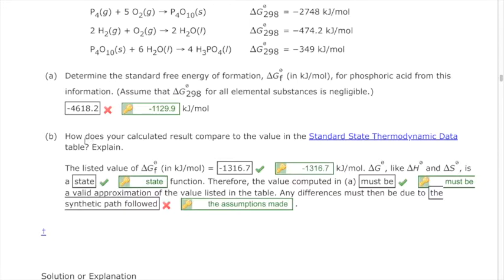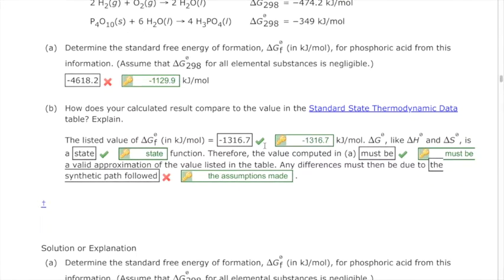And then B, how does your calculated result compare to what you could look up in a standard value chart? Well, we fill in some blanks here. The listed value is actually negative 1316.7, which is a bit different here, right? And then it's basically wanting you to recognize and understand that Gibbs free energy change, delta G, is a state function.